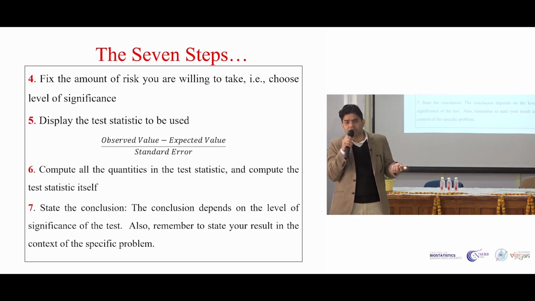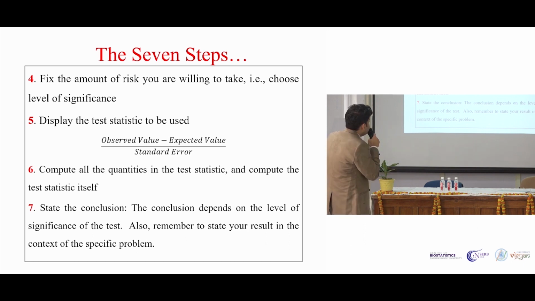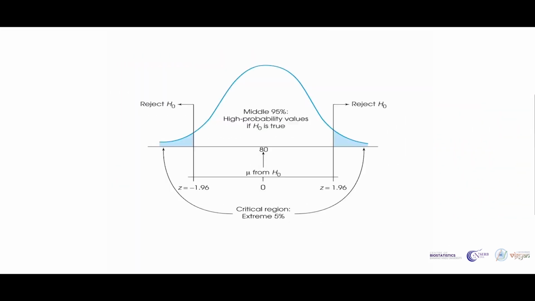It can be in context of mean, or in context of association. So in the 6th step, we are calculating the value based on the test statistics: observed minus expected divided by standard error, and this is the tabulated value.